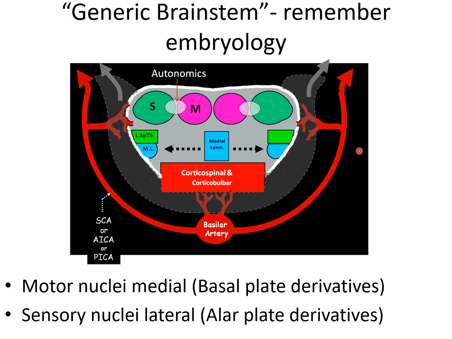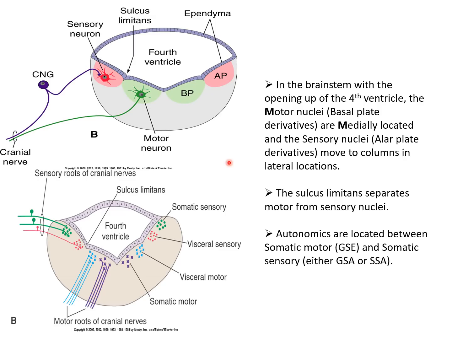For a schematic, we want to recognize that the brainstem cross-section emphasizes the medial location for motor nuclei and the more lateral location for sensory nuclei and an intermediate position for autonomics. The motor nuclei are basal plate derivatives, the sensory nuclei are alar plate derivatives.